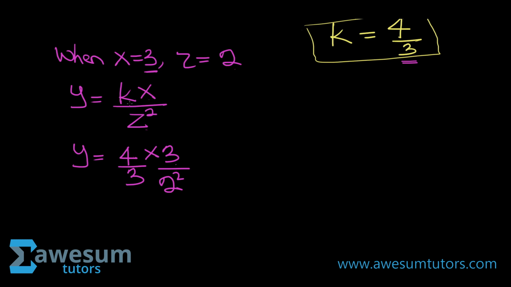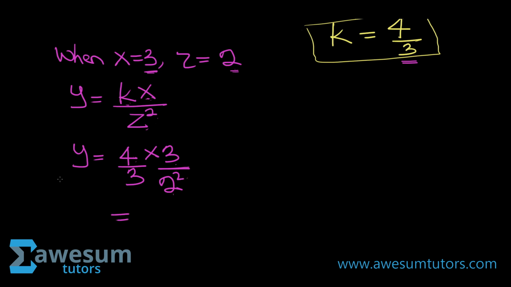What is k? k is 4 over 3. So I have 4 over 3, that is my k, times x, because kx is k times x. x is 3, I put 3 right there, over z squared. What is z? z is 2, so I put 2 squared.